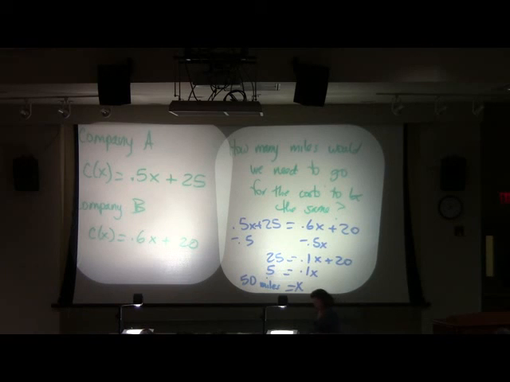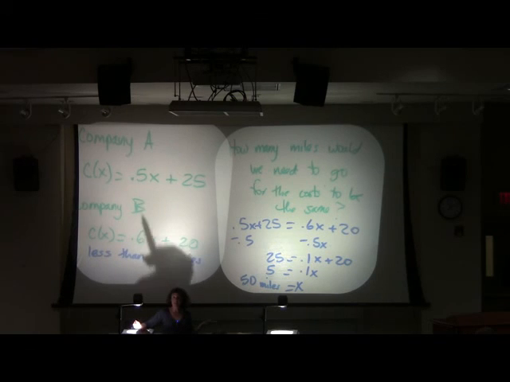So let me ask you guys another question then. If I'm driving less than 50 miles, who should I rent from? Company B. Okay, because the base cost is cheaper. If you're unsure of that, just take any number less than 50, like 30, and plug it into each of these guys and see what the cost would be.